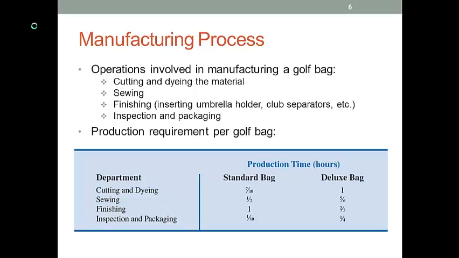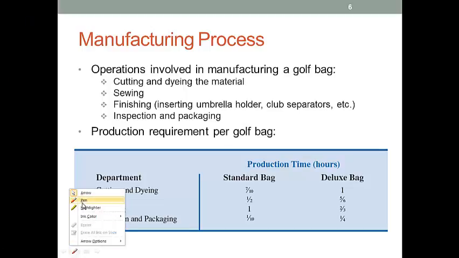This is the objective function in our analysis. Next, let's take a look at the constraints we are facing in the company. To manufacture a golf bag, the raw materials will go through 4 departments: cutting and dyeing department, sewing department, finishing department, inspection and packaging department. The table below shows everyone the time it takes to manufacture a golf bag.